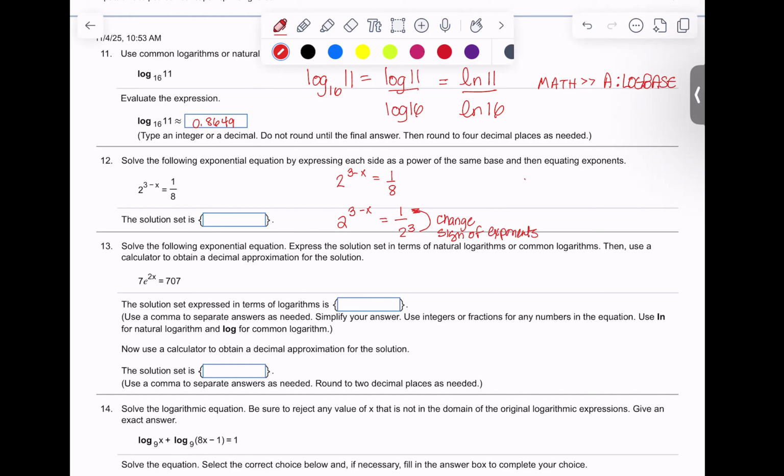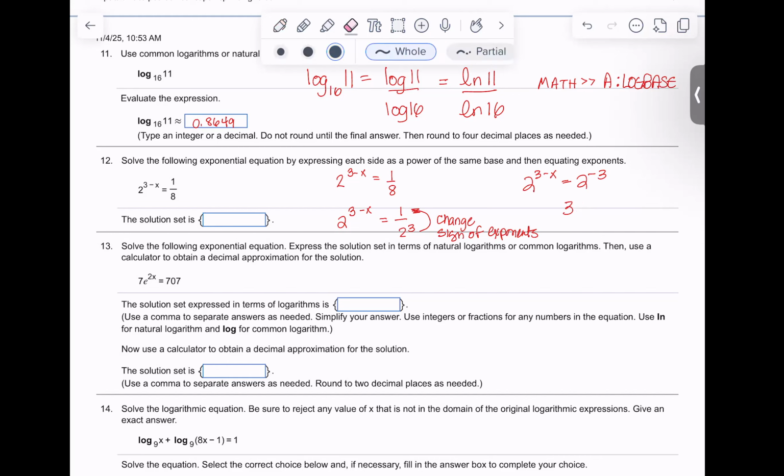So that's going to be 2 to the 3 minus x is equal to 2 to the minus 3. When I move that 2 to the third to the numerator, I change the sign of the exponent. Now the bases are the same. I equate the exponents.